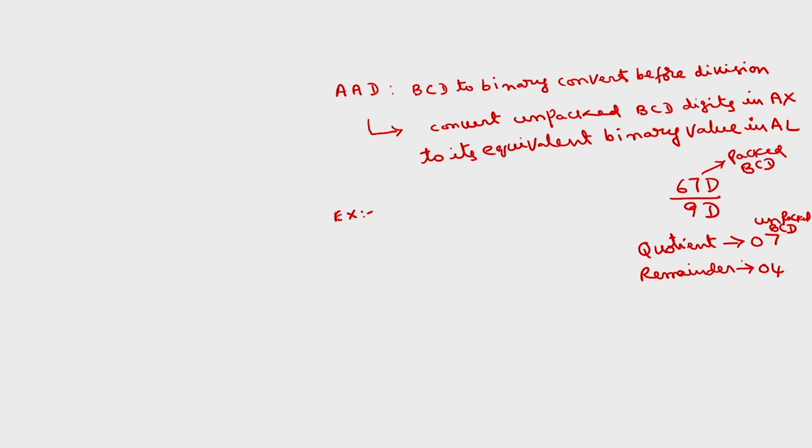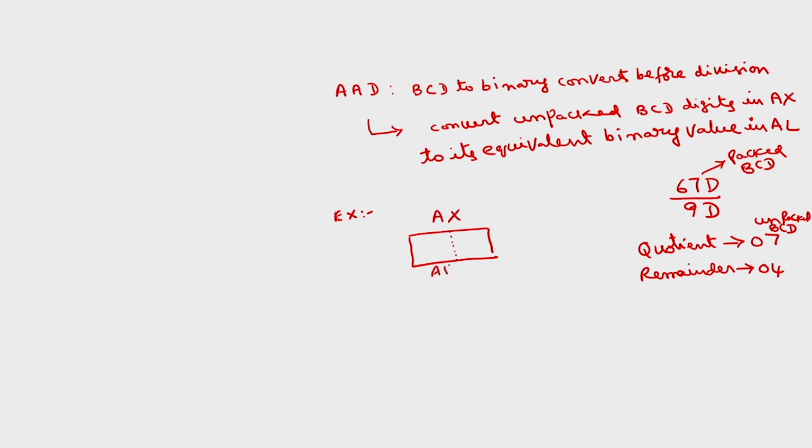Now, if I want to perform this and get these results, we will use the AAD instruction, and I will explain how AAD is used to get the BCD quotient and remainder of BCD division. First I will take this 67 into the AX register, using the move instruction. AX will be loaded with unpacked BCD. AX has AH and AL.